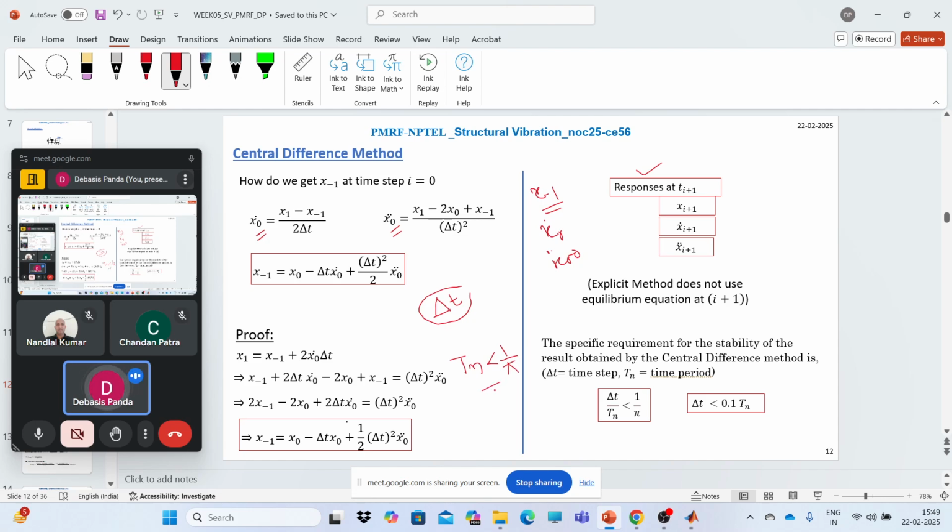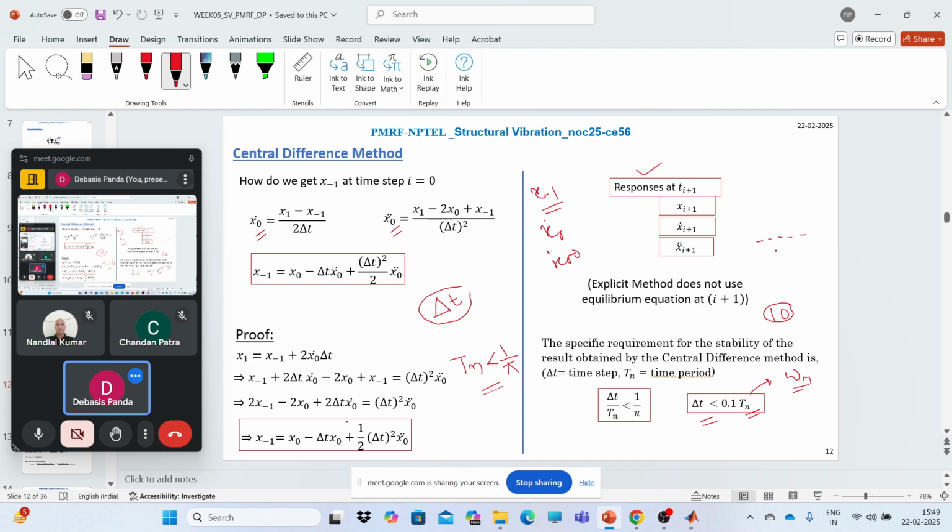Typically it comes as delta t should be less than or equal to 0.1 Tn. Different structures have different time periods based on the natural frequency omega n. So we need to select delta t in such a way that within that time period I can have a minimum of 10 points, that means 10 discrete time steps. Only then will this method give you stable results for the solutions.